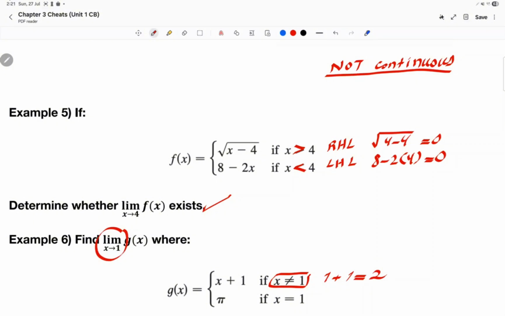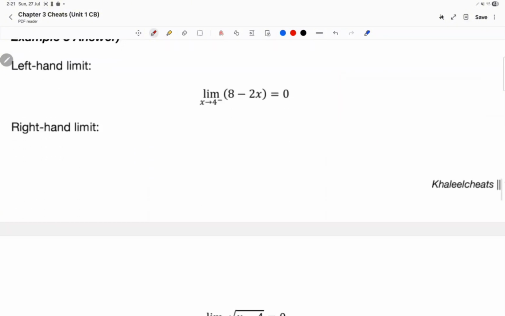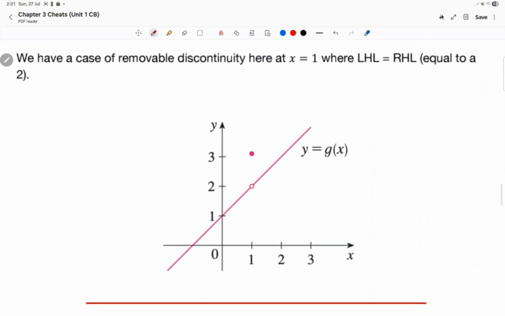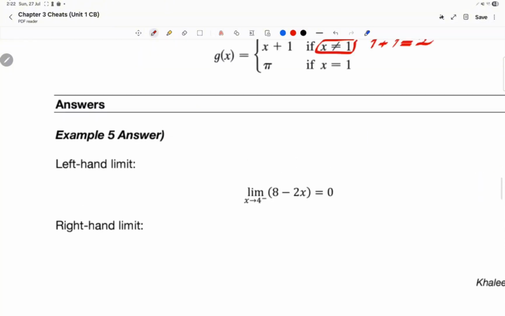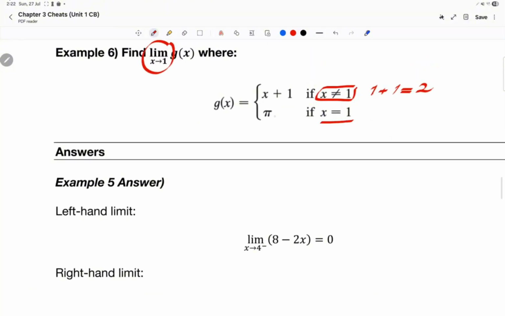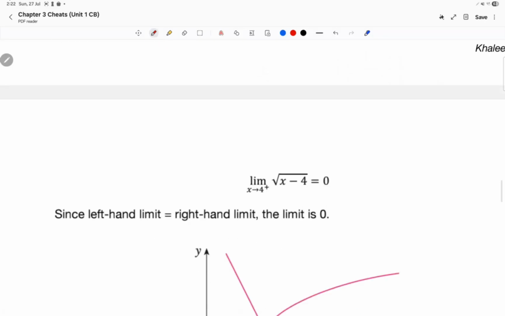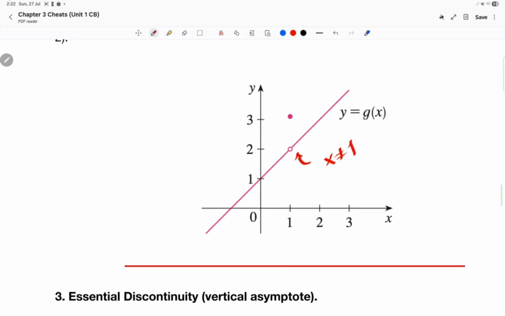Let me show you the graph of this one. You see? You're going to have a hole because x does not equal 1 at this point. And here, when x is 1, g of x is pi, which means 3.14. Okay? Good.